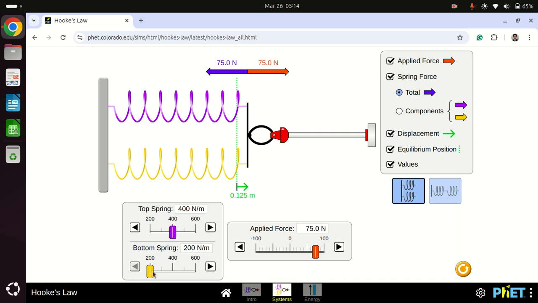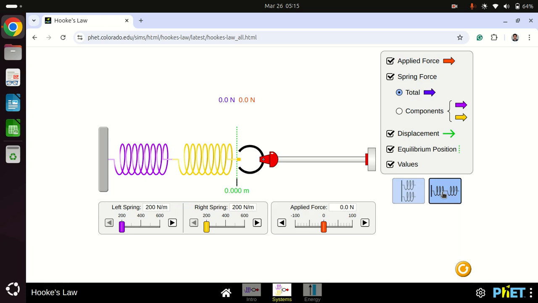If we increase this to 300 and this also to 300, you can see the same displacement. So this means if the springs are attached in parallel, no matter what their independent k values are, it is important to see what their combined k value is. Okay, so this is for the parallel system.